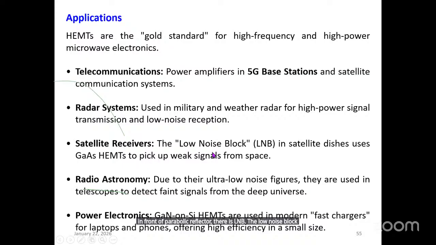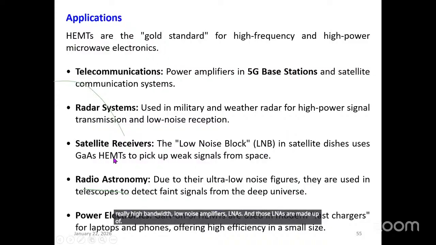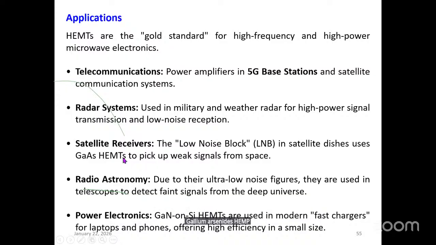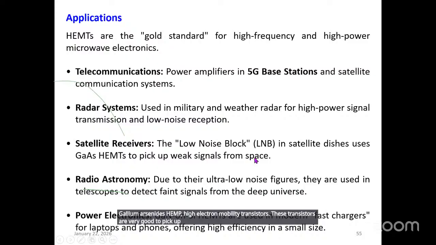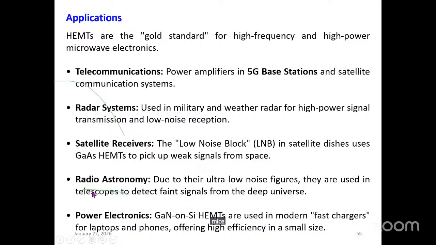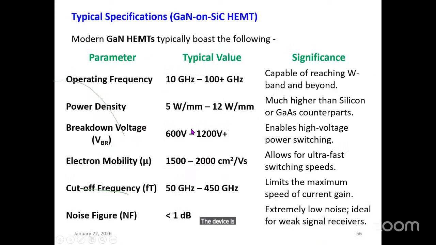That block consists of very high bandwidth low noise amplifiers, LNAs, and those LNAs are made up of gallium arsenide HEMTs, high electron mobility transistors. These transistors are very good at picking up the weak signal from noise from space. The device is also very famous in radio astronomy and power electronics.